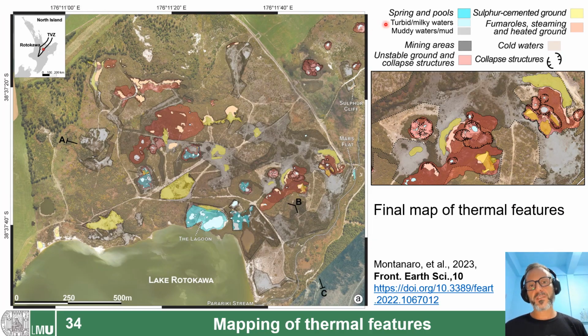So here is the final map. Now you can see the full steam field area with the distribution of all the main mapped features. The mapping revealed that the geothermal features are concentrated in specific areas, with the influence diminishing quite quickly away from this zone.